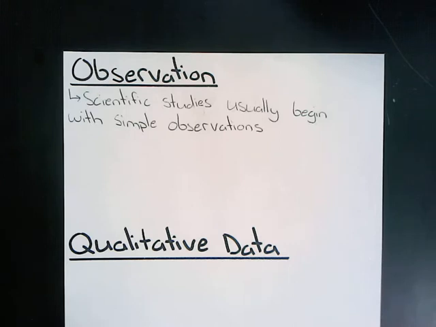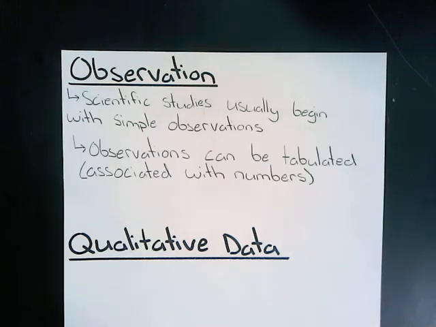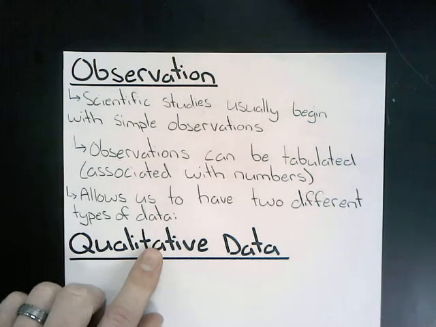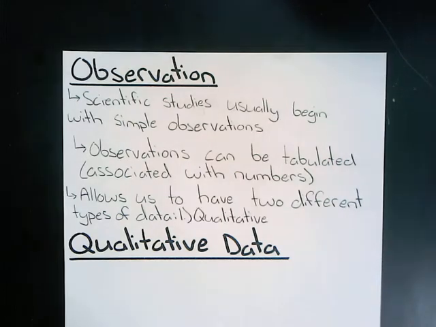Now, these observations can be tabulated, or we can have numbers associated with them. And through observation, we can have two different types of data. One of which we're about ready to talk about is qualitative data. And another of which we'll talk about on the next page is quantitative data.